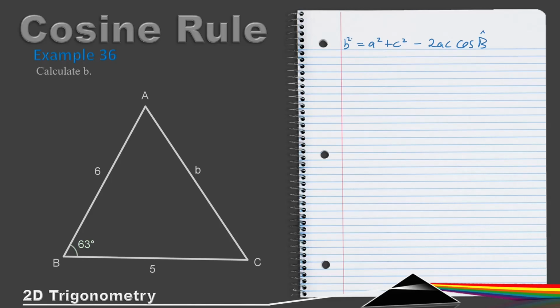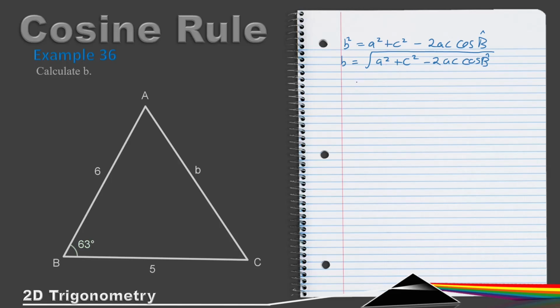We don't want b squared, we actually just want b. So let's take the square root of that. The reason I'm doing it now is it's very easy to forget to take the square root at the end after you've substituted and solved. So let's just get that over and done with immediately.